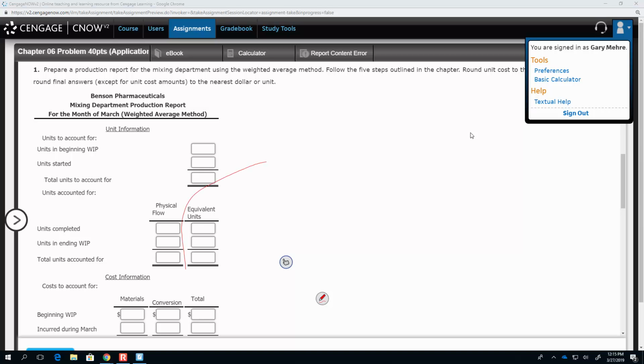Here's step 1. The physical flow. You can see the units to account for. These two have to match. For whatever reason, I don't know why, they even give me these templates, I didn't make these. They put the steps 1 in 2 halves here, okay?